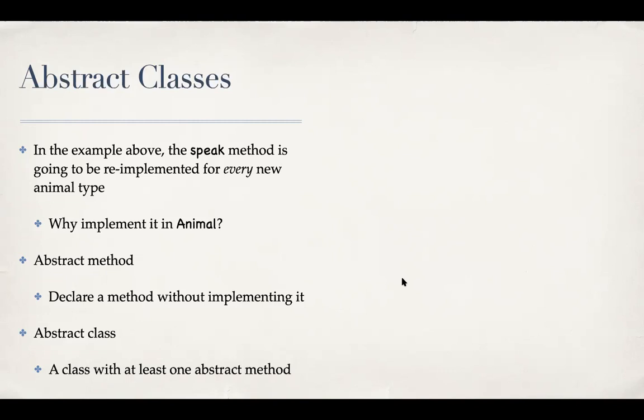So you must have a way to call the speak method, but also a way to enforce implementation of that method in every child class. So how do you do that?